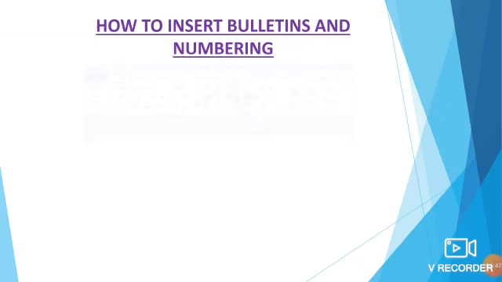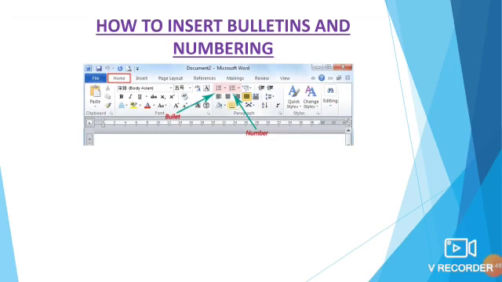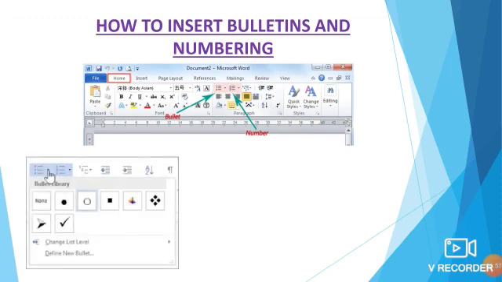In this word processor document, you can see the options bullet and numbering. If you click on the bullet, you can see the bullet styles. These are the styles which are available.